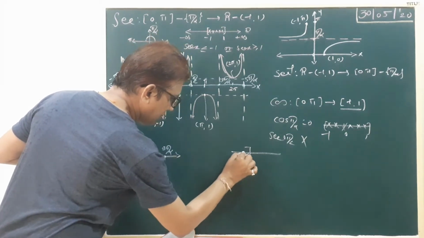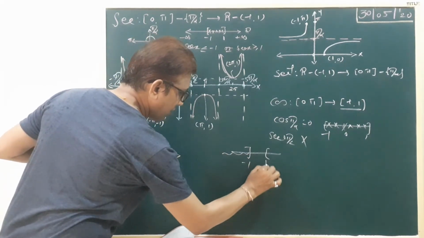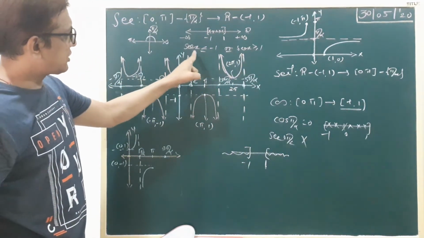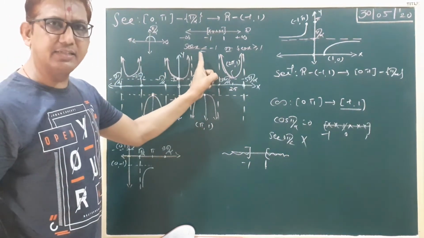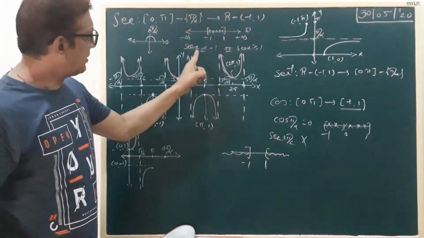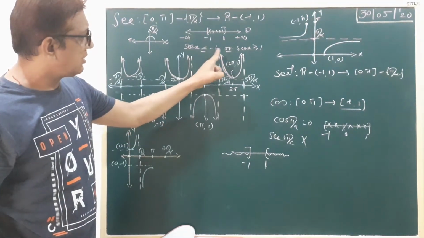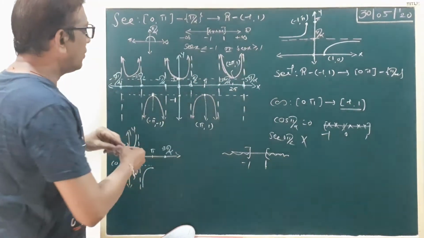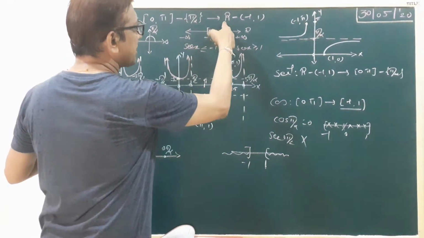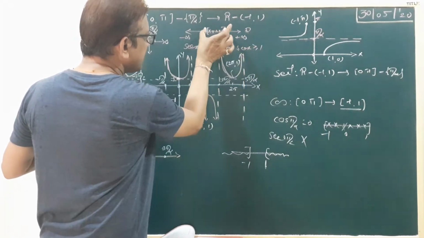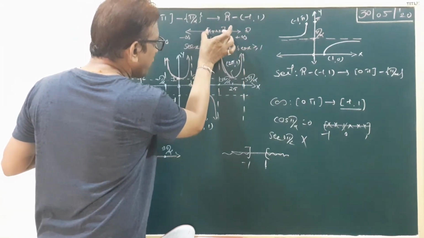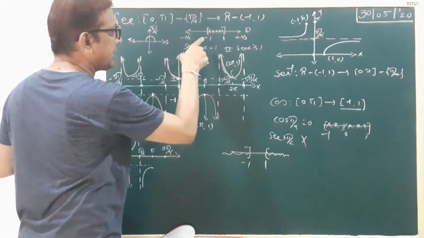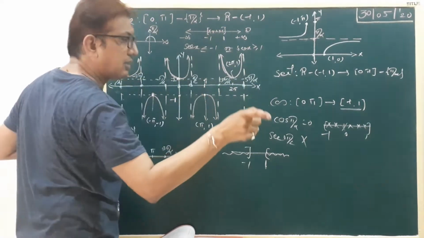So the range of sec: sec x is always less than or equal to -1, or sec x is always greater than or equal to 1. Is that clear? Okay. That means in total the number line R minus the open interval -1 to 1. Is that clear? -1 is not cancelled, 1 is not cancelled.